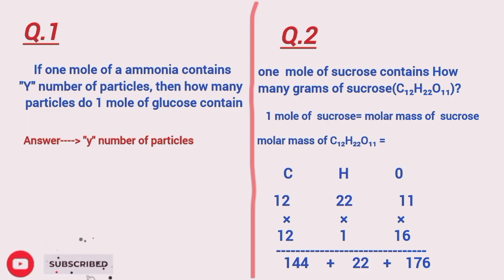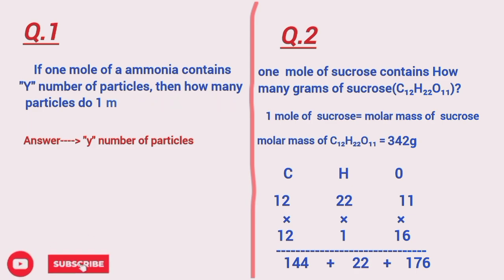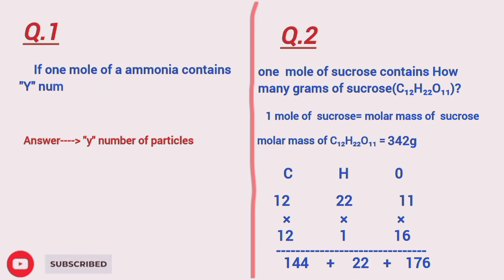Multiplying and adding this together, we have 342 grams. So the molar mass of sucrose is 342 grams. So we can say 1 mole of sucrose contains 342 grams of sucrose.